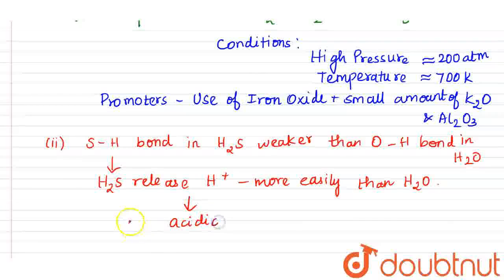It is more acidic, and we know that water has the character of being amphoteric. That is, it can either accept a proton or release a proton. So the reason is that due to the weaker bond between sulfur and hydrogen, H2S easily releases more protons, which leads to it being more acidic in nature than water.